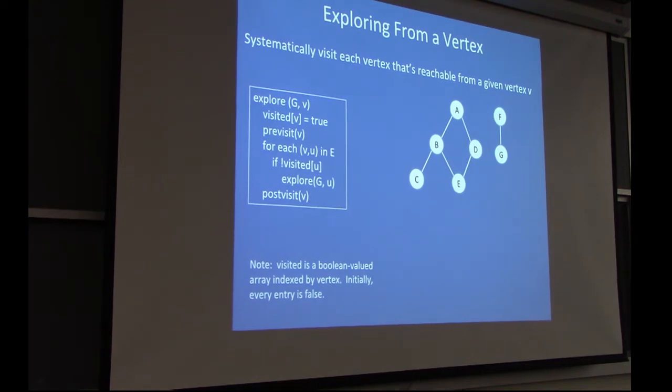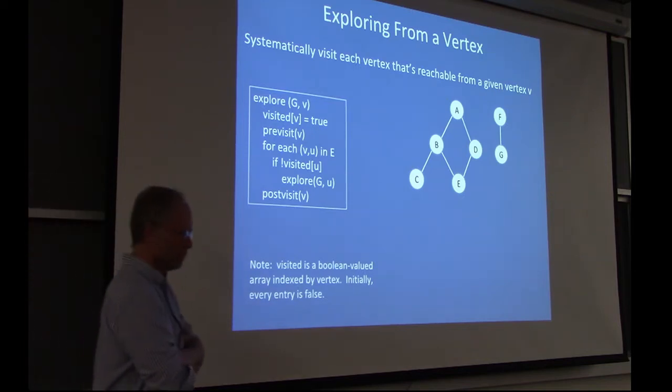Now, here's our first algorithm on graphs, and we're going to work with undirected graphs. It's called Explore. The way Explore works, it's given a graph and a vertex, and the job is to systematically visit every vertex that's reachable from that initial vertex. So if we explore starting at B, what vertices are we going to visit in the process?